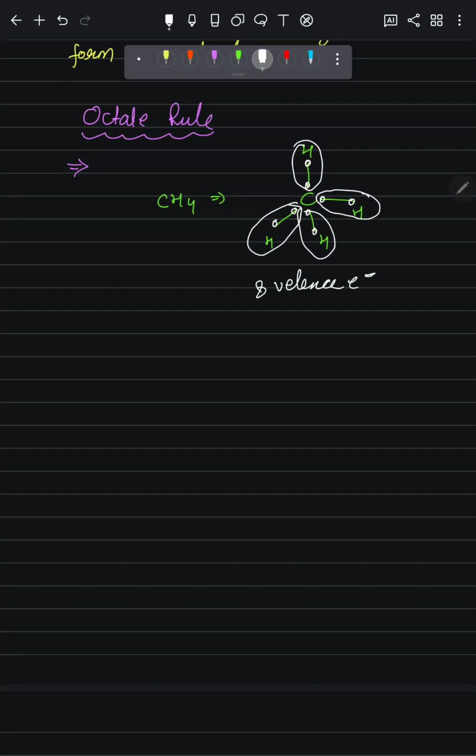There are some molecules which do not follow the octet rule, and those are called hypovalent and hypervalent. There's a difference. These are the two types of molecules that can be formed.